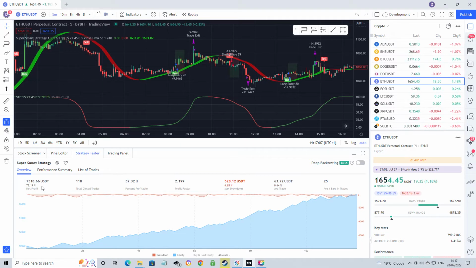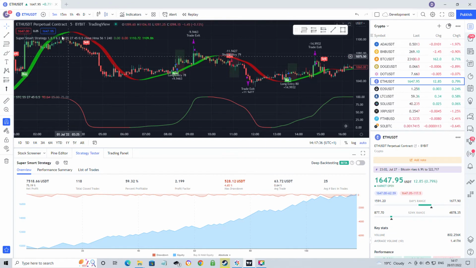This is currently set to a $10,000 account, so that would effectively be a profit of $7,500. Okay, which is good, and that's based on the 1% risk per trade. There's a 4.65% drawdown, and if you look at the equity curve there, that looks pretty good. So quite a good and profitable strategy.